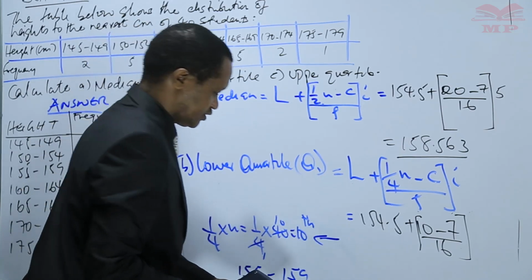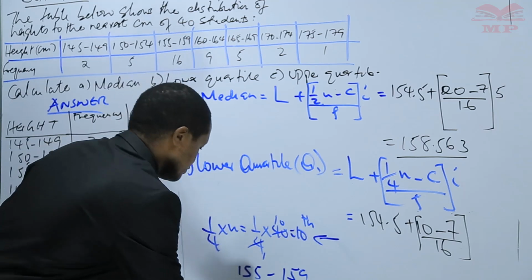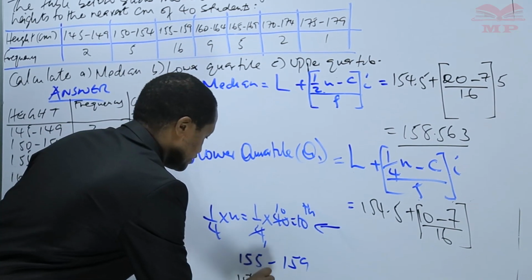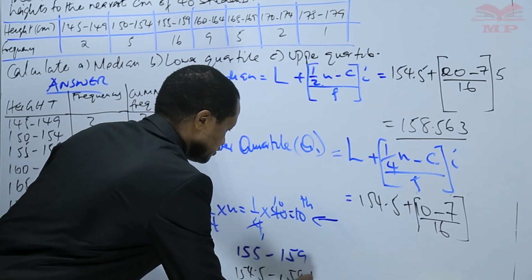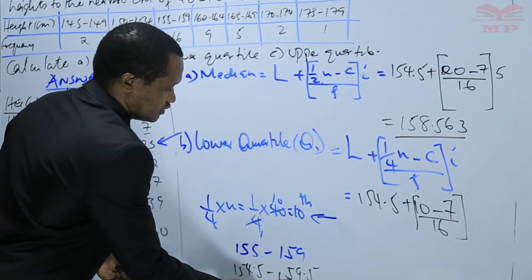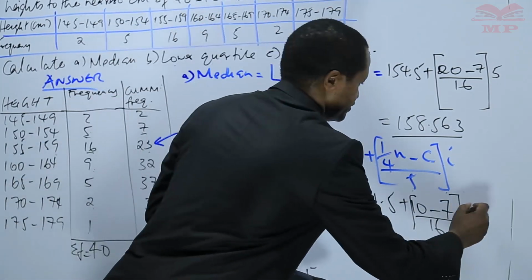The class interval here, learners, is the difference between 159.5 and 154.5, which is equal to 5.